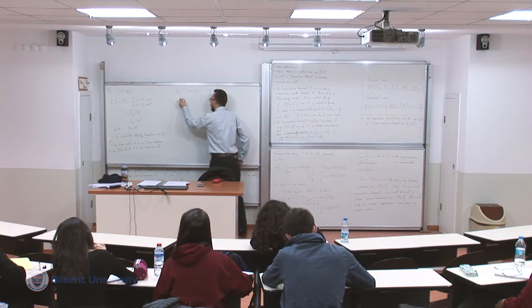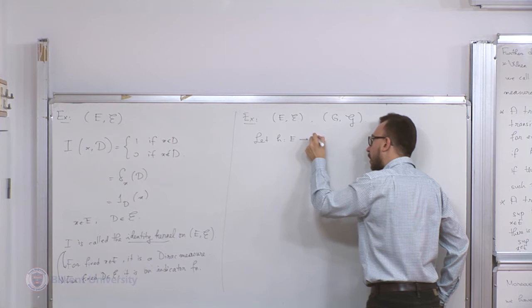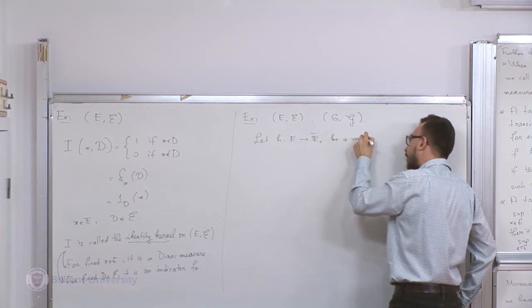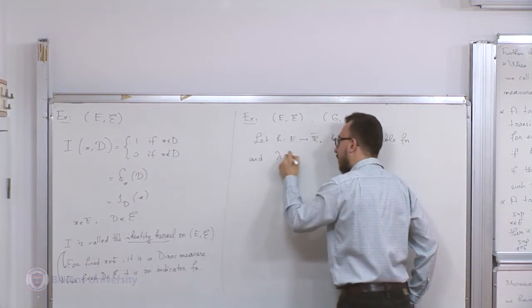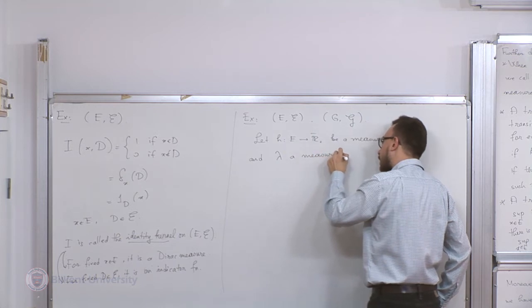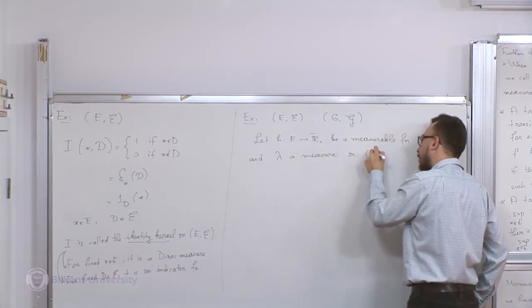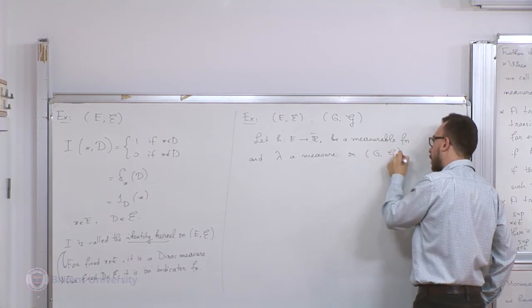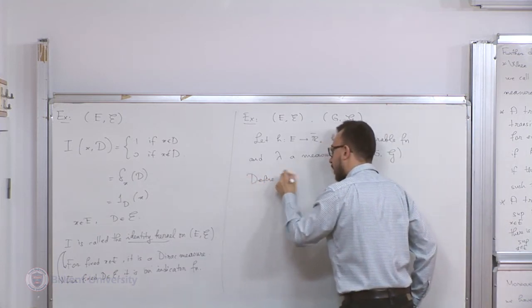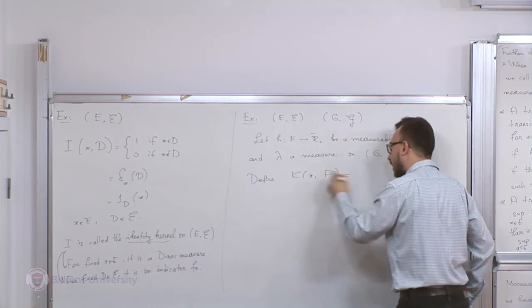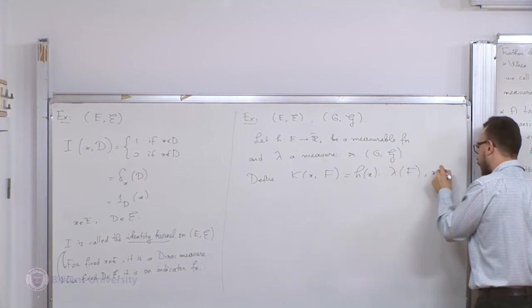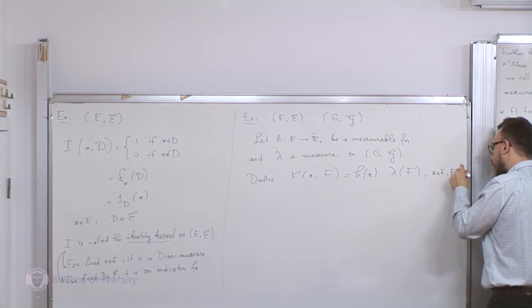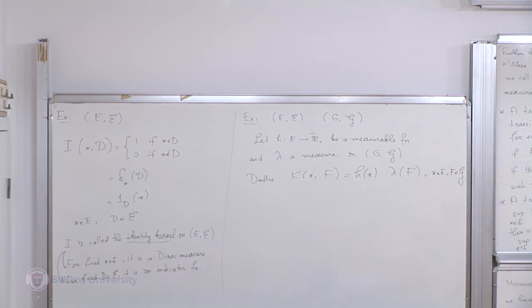So let h be a measurable function and lambda a measure on G. Now define k_x of f as nothing but h of x times lambda of f, where x is in E and f is in script G.